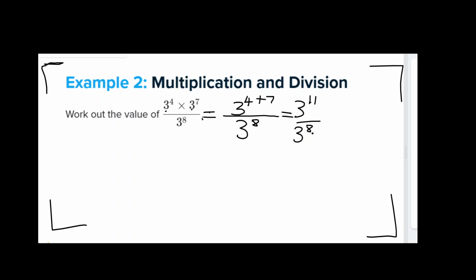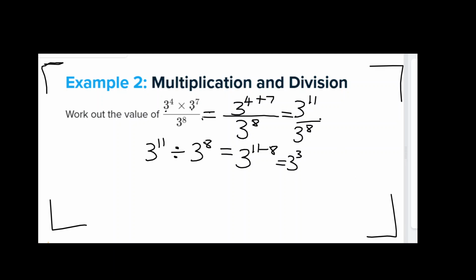Now, looking at it this way, this line in the middle is the same thing as divide. So I have 3 to the power of 11 divided by 3 to the power of 8. That's what that line in the middle means. So you just write 3 to the power of 11 minus 8, which is equal to 3 to the power of 3.